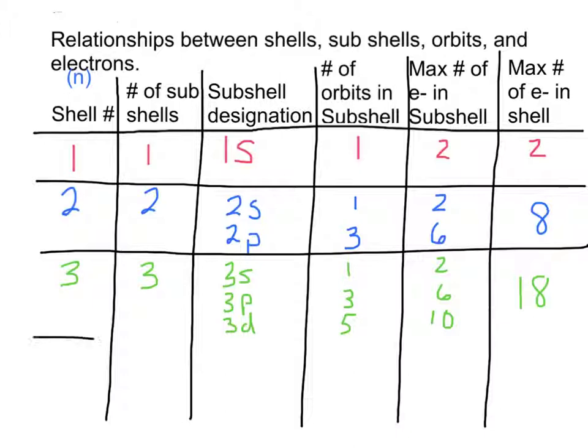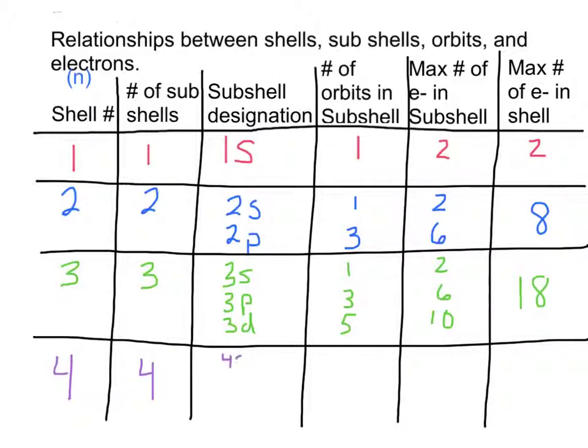And the last one, I'm hoping I can squeeze in here, maybe not. I was writing pretty big. It has, going across level 4, yellow, blue, red, and green. So we have 4 subshells. We have a 4s, a 4p, a 4d, and a 4f. I almost ran out of room.